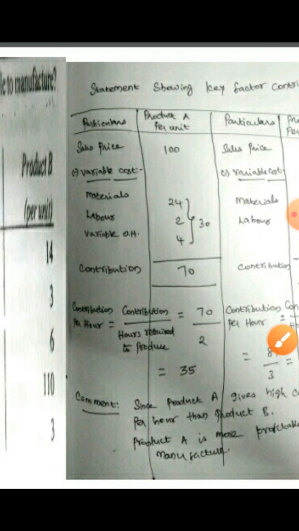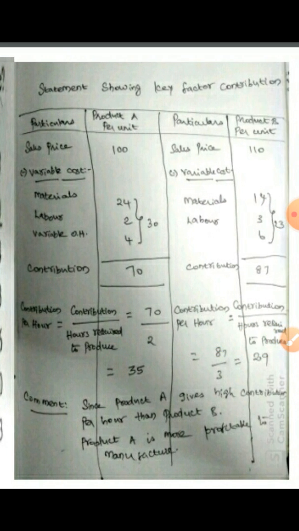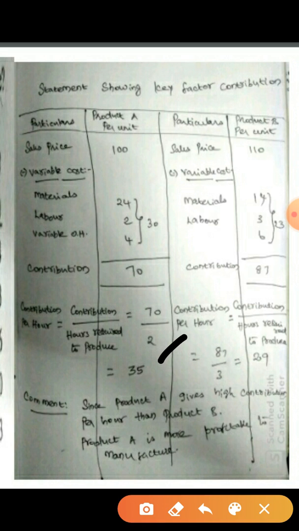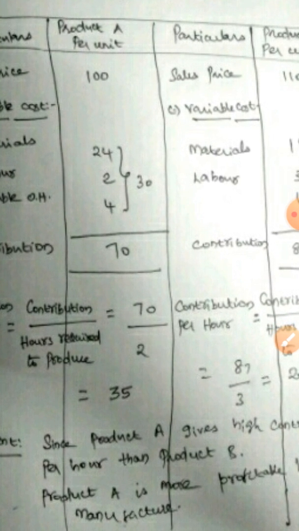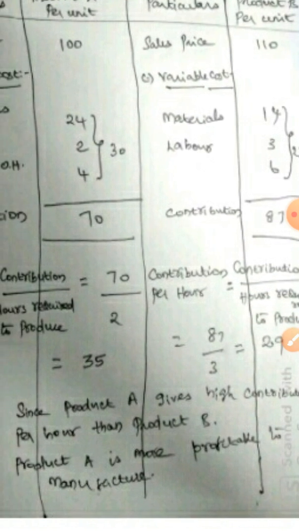By this working we have compared product A and product B: the contribution per hour of product A is 35, and of product B is 29. Our end result is: since product A gives a higher contribution per hour than product B, product A is more profitable to manufacture.